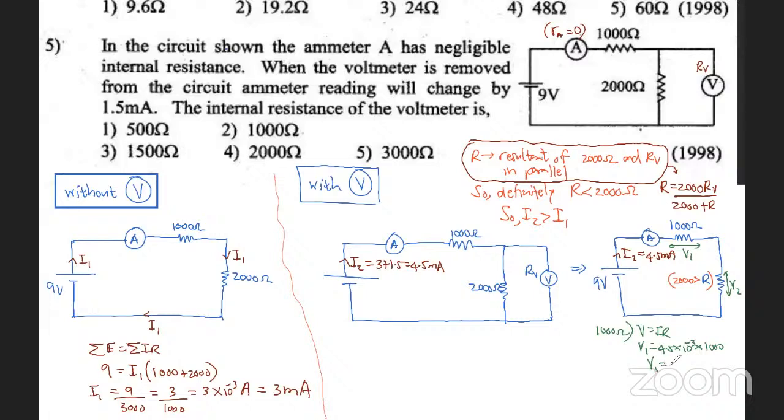Therefore V1 is equal to 4.5 volt. If V1 is 4.5 volt, what is V2? V2 is 9 minus 4.5. Total voltage is 9, so V2 is also 4.5 volt. Then for that particular R, you can apply V equal IR.